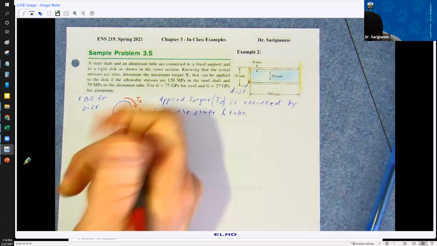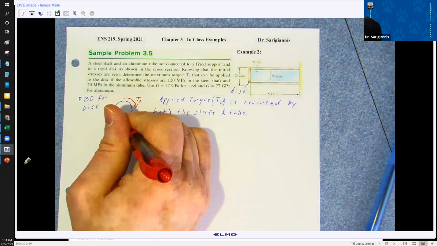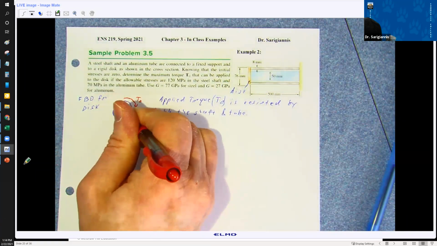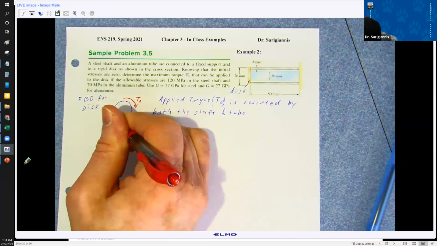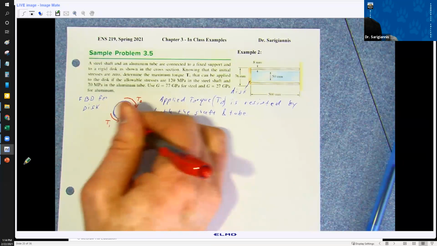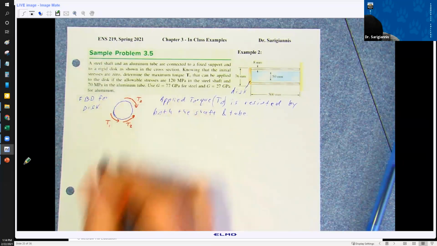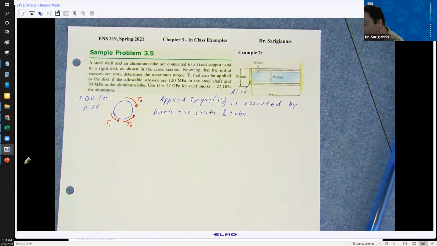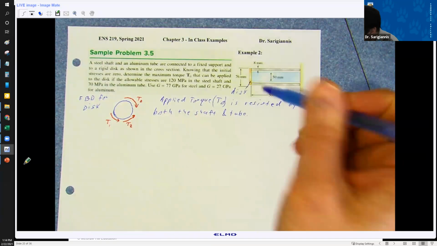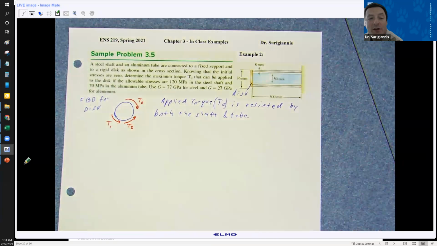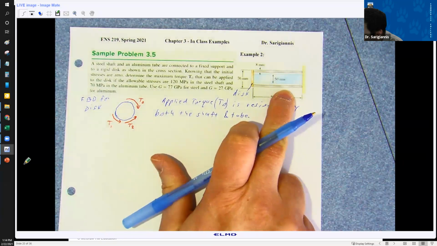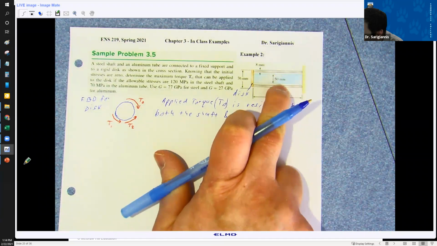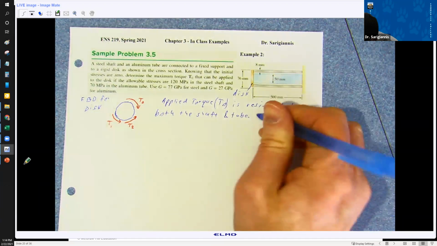So I'm going to draw those out as the opposing torques. I'll number from left to right, T1 and T2. These opposing torques are a result of the stiffnesses of the rod and the tube.